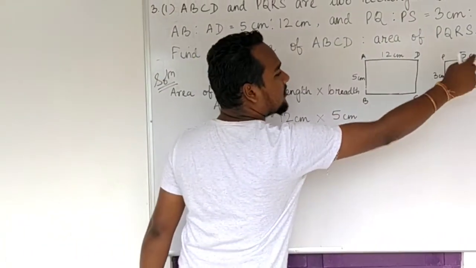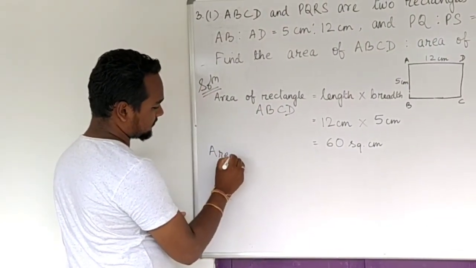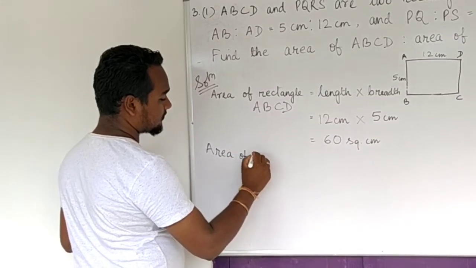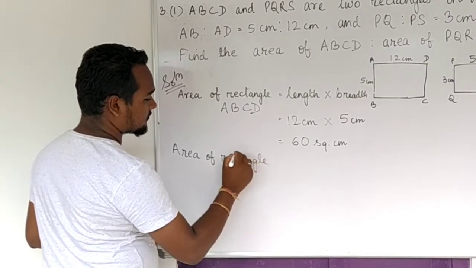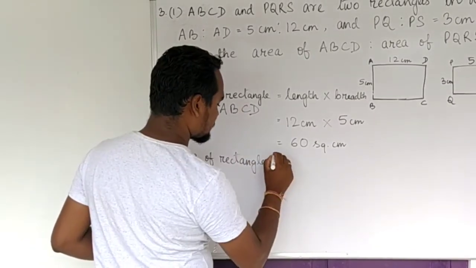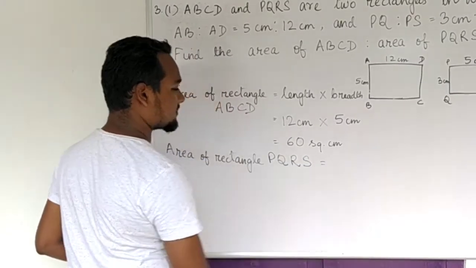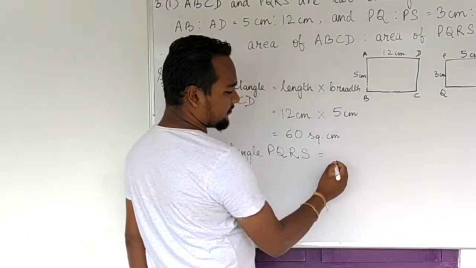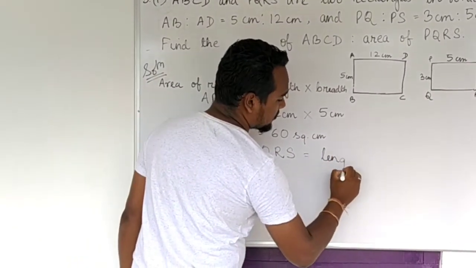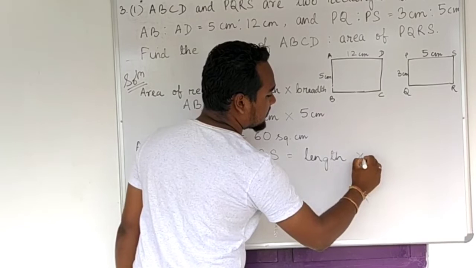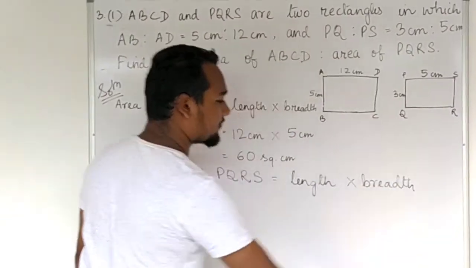Similarly, I am going to take out the area of rectangle PQRS. Again, I am going to use the same formula, because the area of a rectangle is always equal to length into breadth.